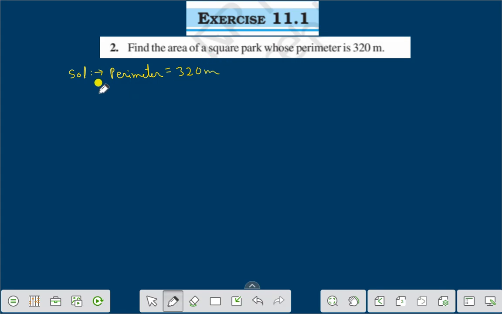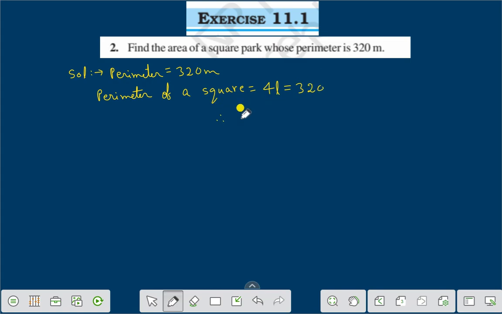And we know that perimeter of a square is equal to 4L, where L is the length of the square, and that becomes 320. 4L is equal to 320.